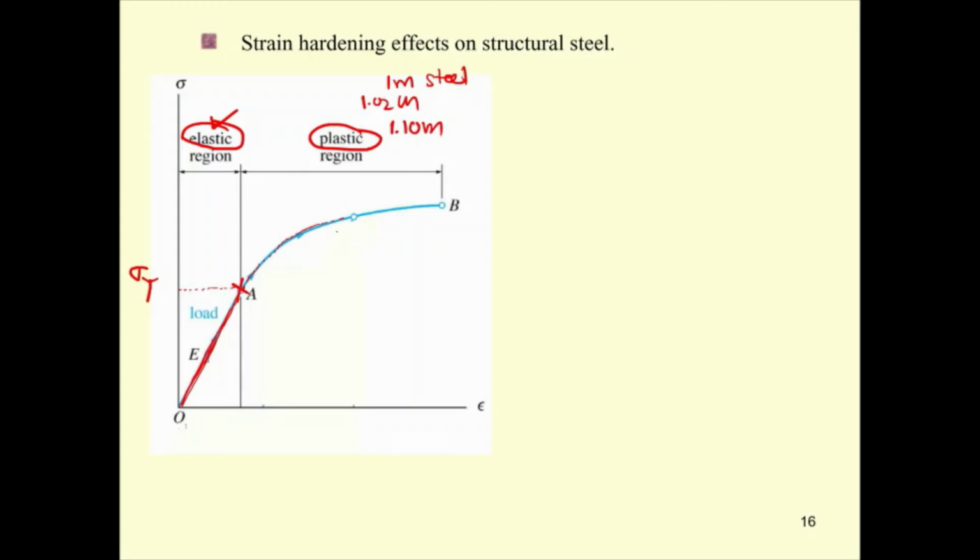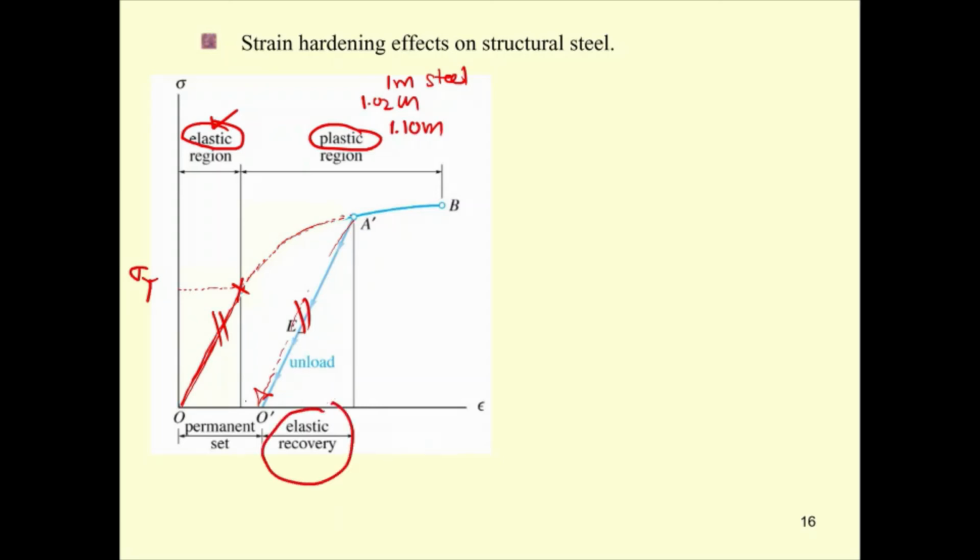When you release the force, it won't go back down along the same path. It will come back following its original linear slope like this. So by doing this you get what's called elastic recovery, and some permanent set.